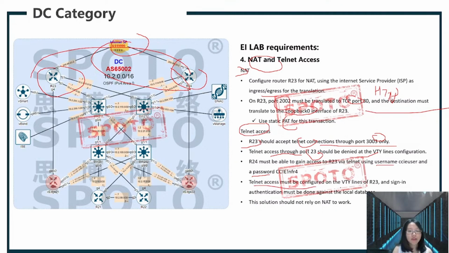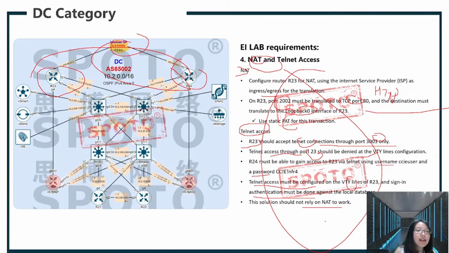Telnet must be configured on the VTY lines of router 23, and the sign-in authentication must be done against the local database. So don't rely on NAT to work. Okay, so this question is relatively simple. It mainly tests the NAT and Telnet protocols.